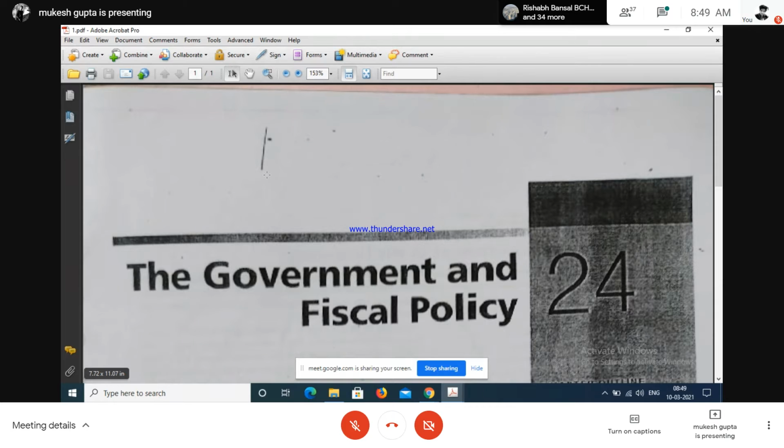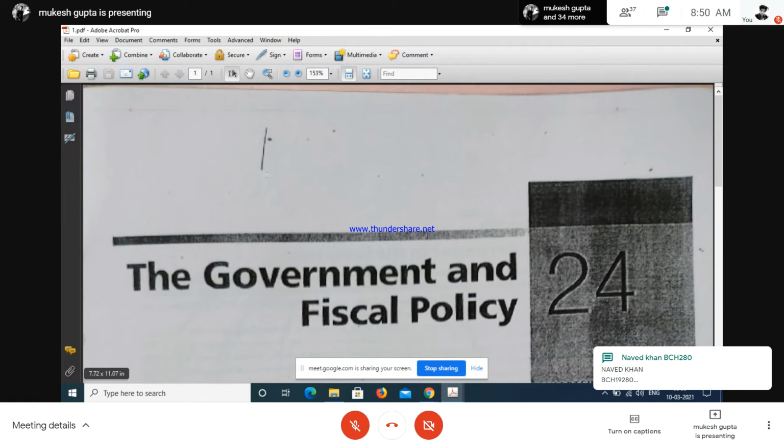In this chapter we will look at fiscal policy: the effect of increasing or decreasing government expenditure on the economy and its national income, and the effect of a change in tax on national income.